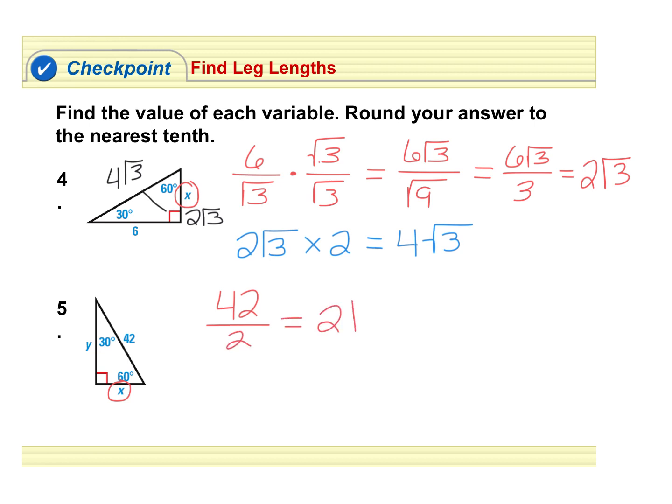That just gave us the short leg. And then what's the last side I have to find? The long leg. How do I go from short leg to long leg? Times by square root of 3. Multiply by square root of 3 to give us 21 square root of 3. And that is our long leg.